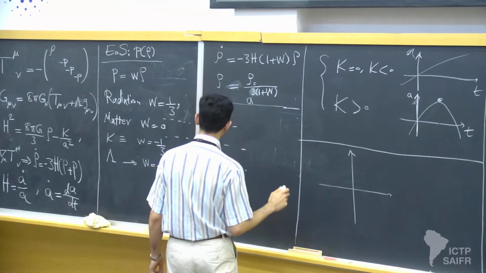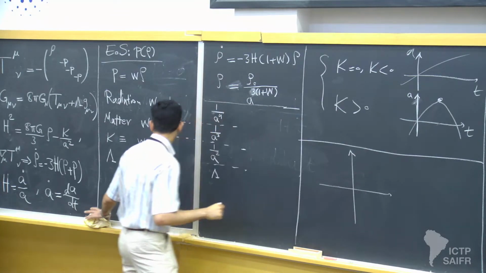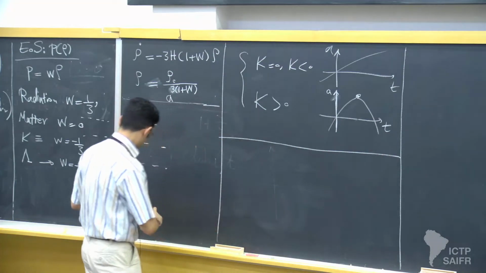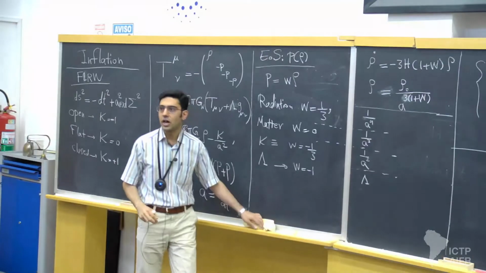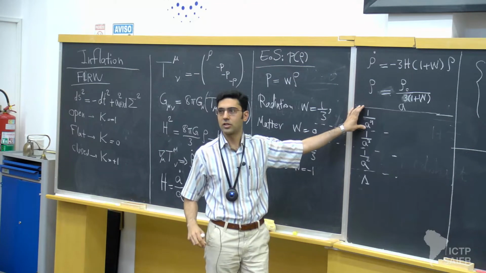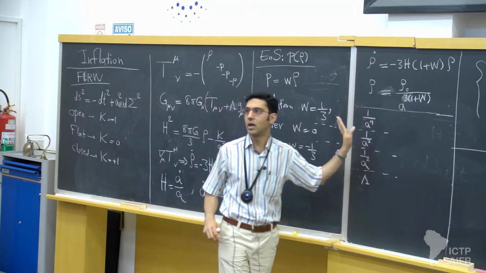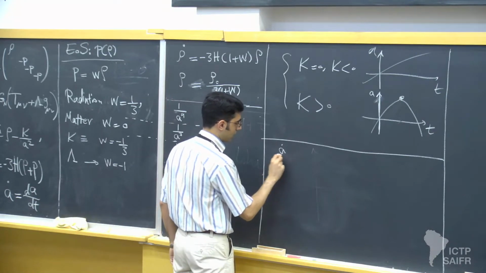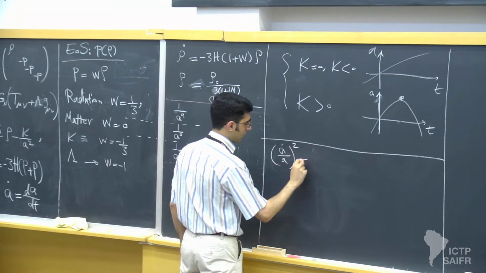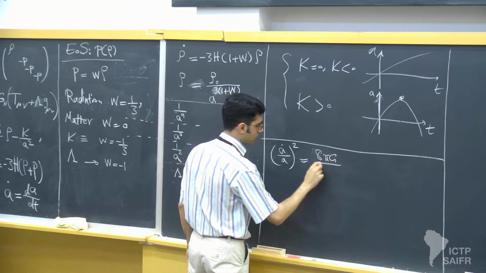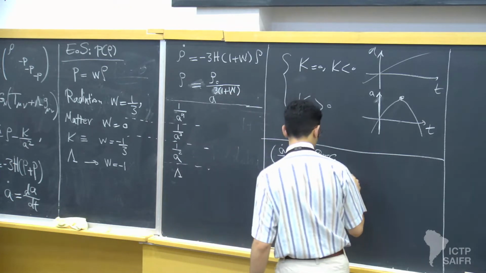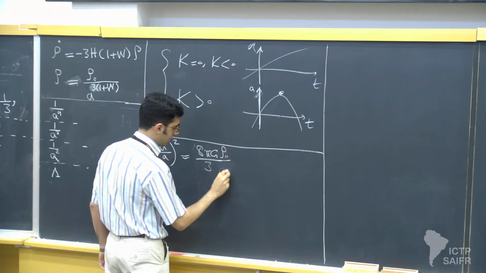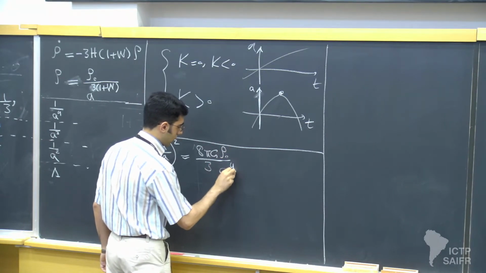So we want to solve these equations in the case of radiation domination, because we saw that if we go to early times, then this component is going to dominate. So I can ignore all the other components. I just solve this equation: (ȧ/a)² is equal to 8πG/3 times some ρ0 divided by a⁴.